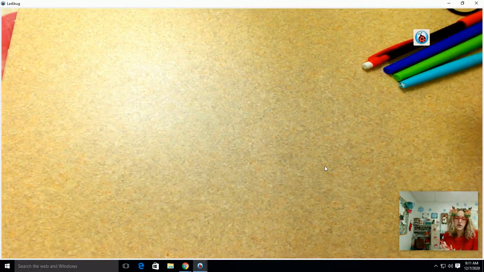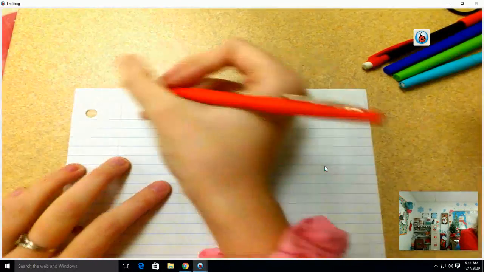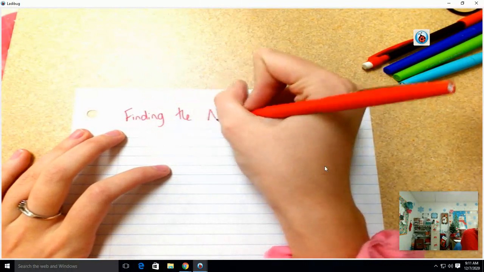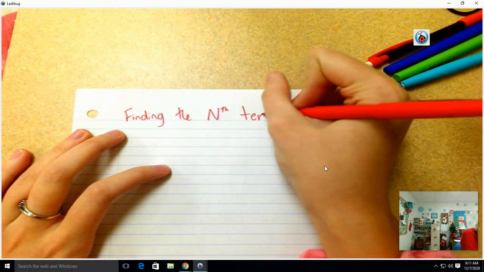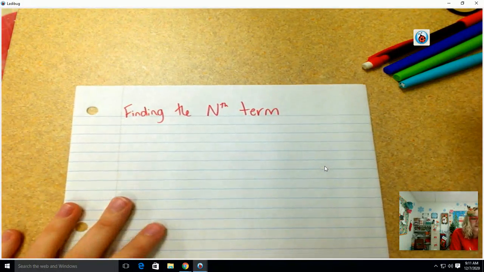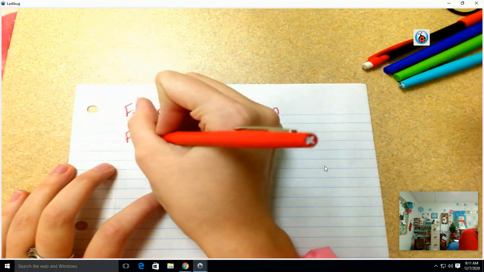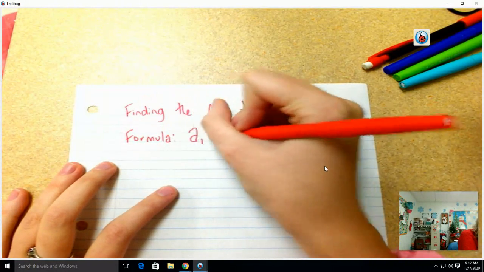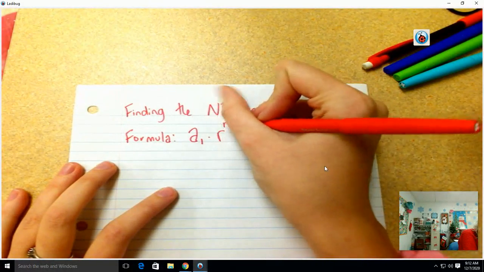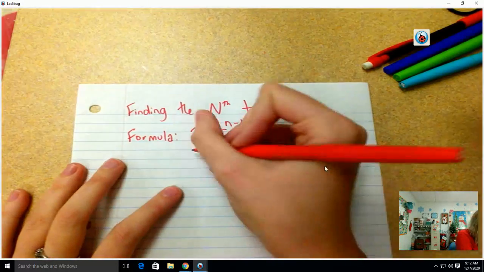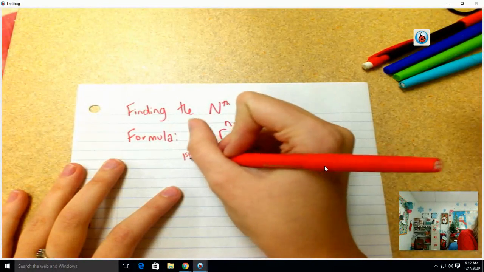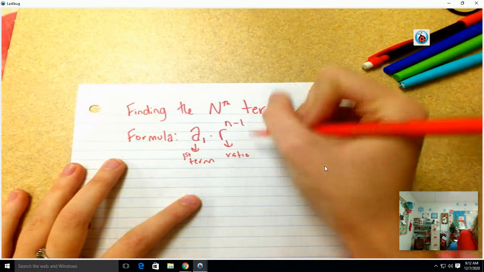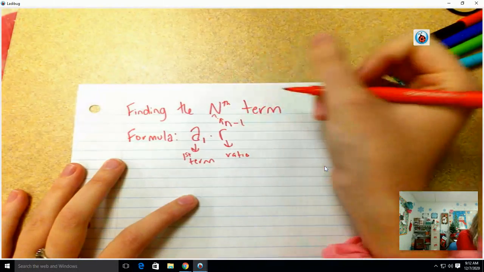Next, we're moving on to finding the nth term. The formula for doing this is A1 times r to the n minus 1 power, where A1 is your first term, r is your ratio, and n is what you're trying to solve for.